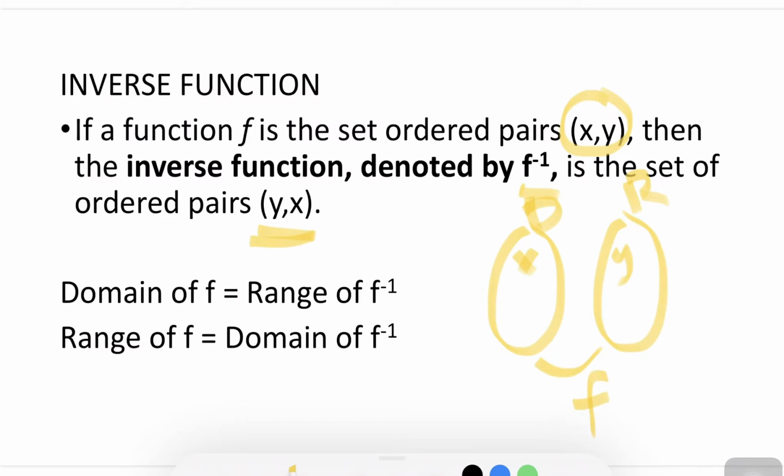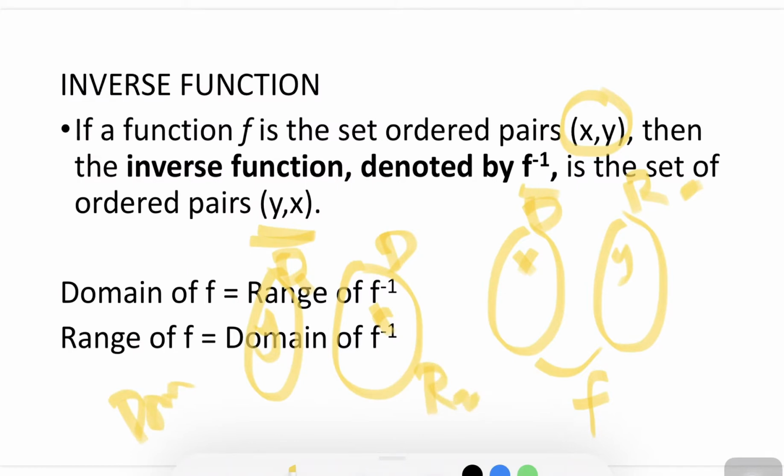Now for the inverse, your domain will become your range, so y, and your range will become your domain, so x. So they exchanged places. So this is your f inverse. From xy it became yx.